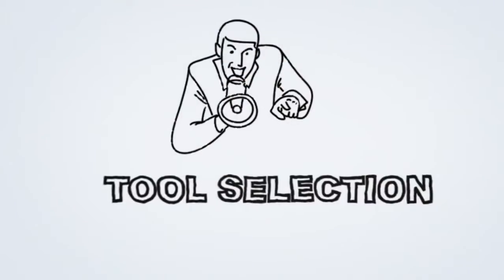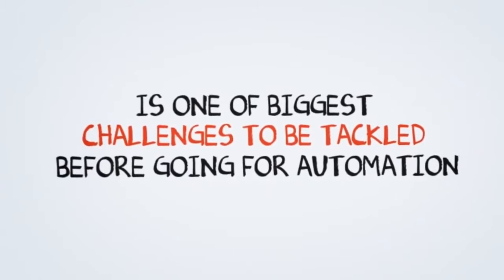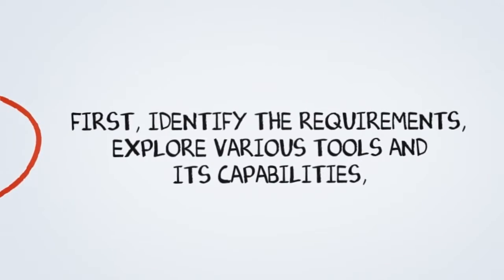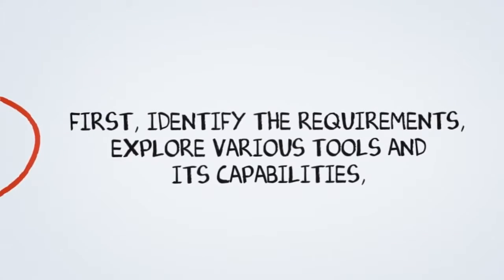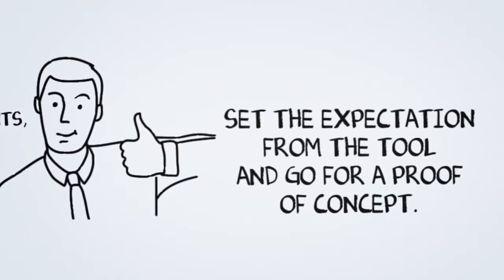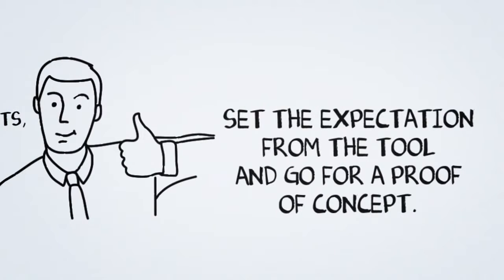Tool selection is one of the biggest challenges to be tackled before going for automation. First, identify the requirements, explore various tools and its capabilities, set the expectation from the tool, and go for a proof of concept.